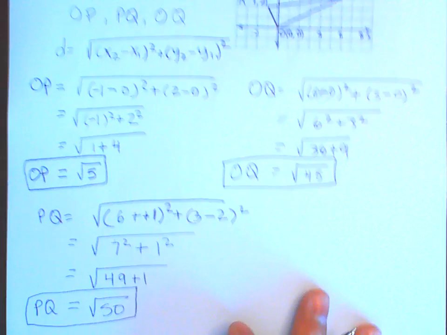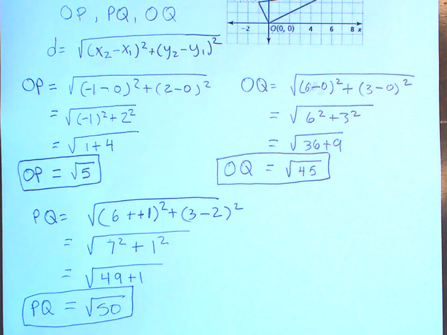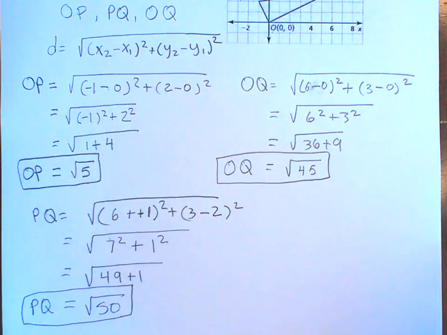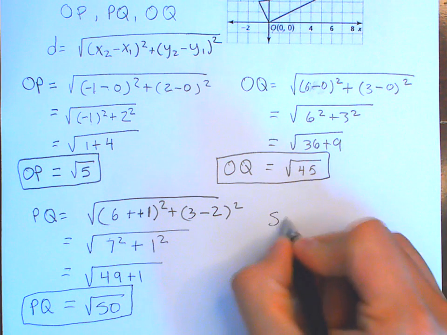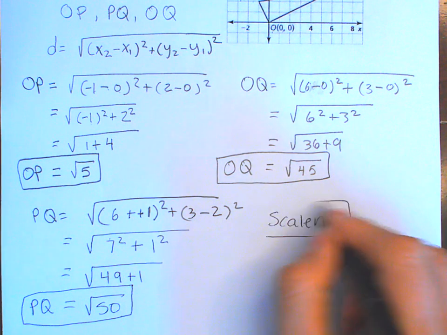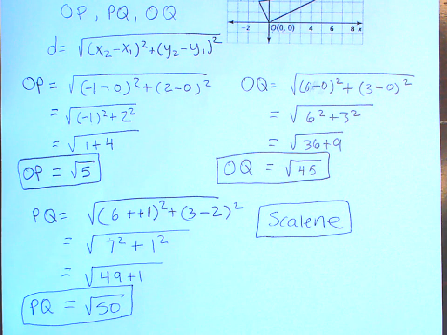So as you can see, all three of these are different. So if all of these are different, then we are going to have a scalene triangle. Now the question is, is this going to be a right triangle or not?